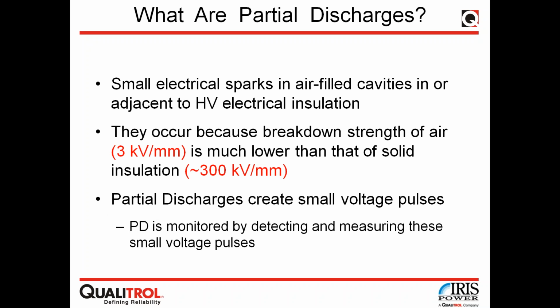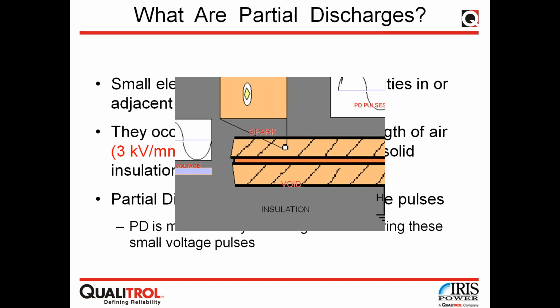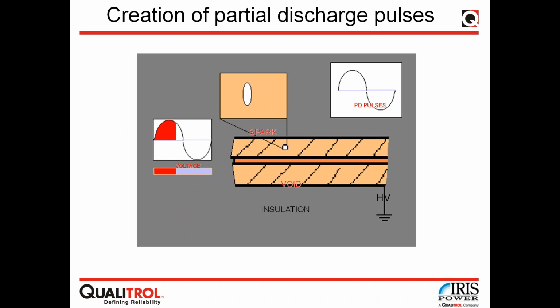As a result, there will be some sparking and arcing on a surface or within the insulation of the machine. The process is voltage driven, so if there is a void inside of the insulation, that void has a likelihood of having a spark across it if the voltage is high enough.